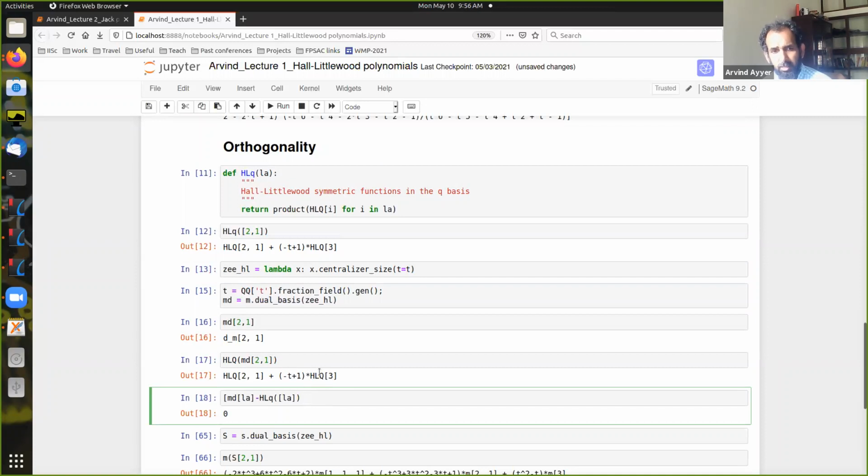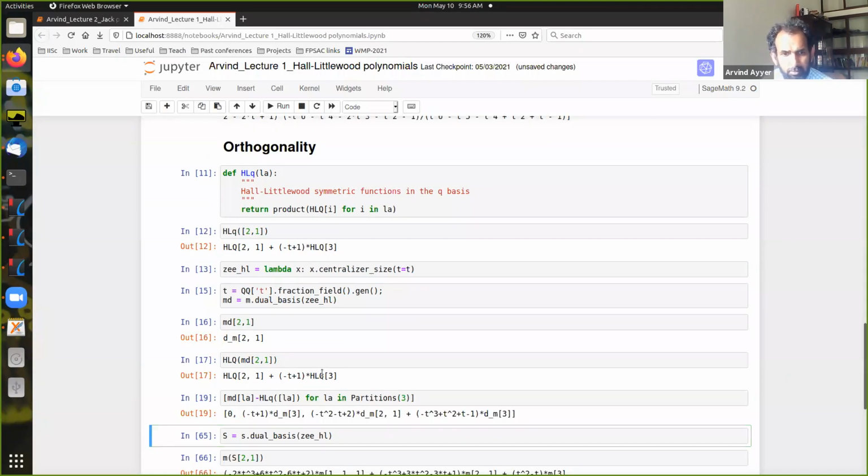So if I get the partitions of 3, say, oops, something went wrong. Okay, let me fix this. No, but it just worked for 2 1.